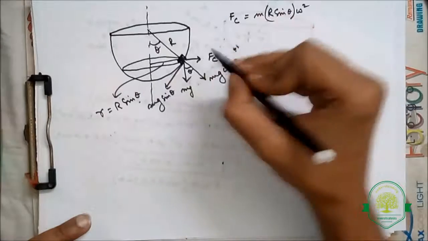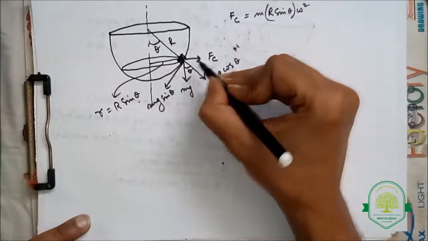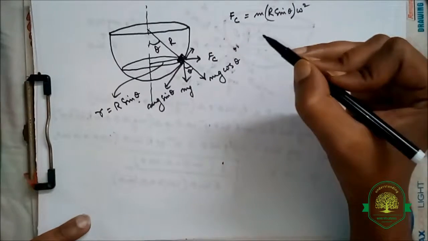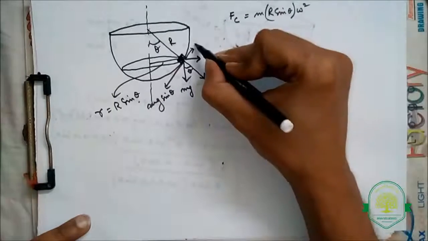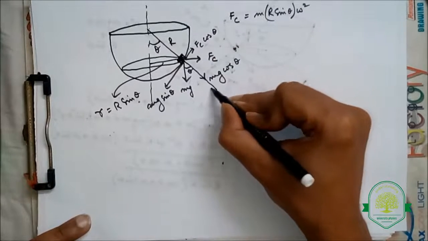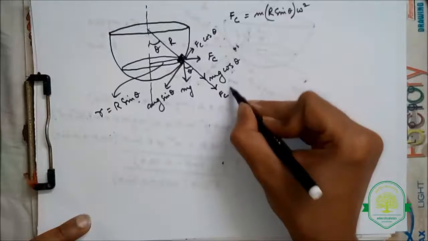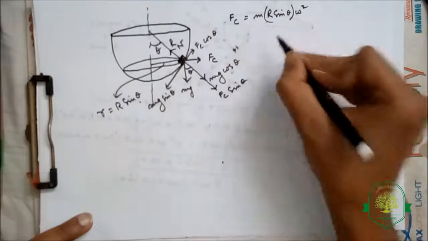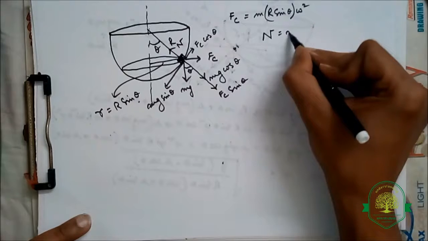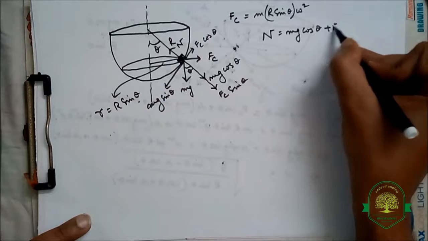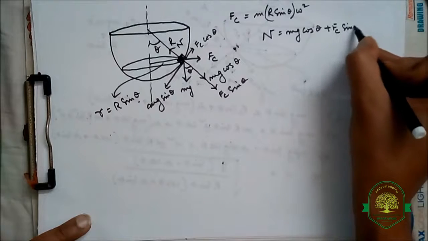If I resolve Fc, I'll find that the cos component acts in that direction, so this is Fc cos theta, and along this direction I'll get Fc sine theta. The normal reaction acts like so, normal reaction being mg cos theta plus Fc sine theta.